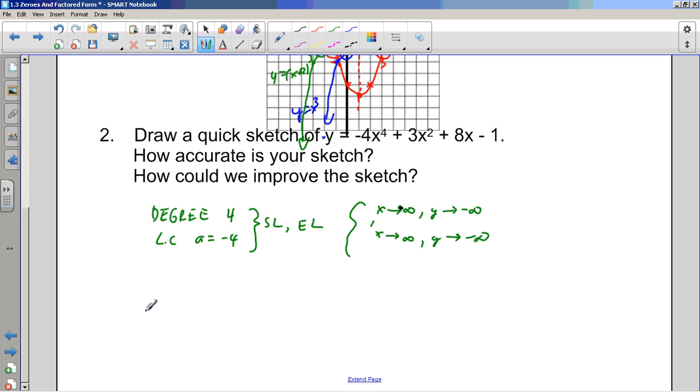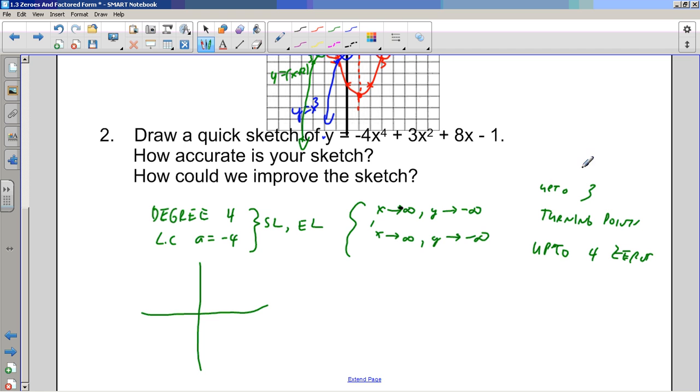What else do we know? Not much. If I were to graph this, I know maybe that it has up to 3 turning points, up to 4 zeros. But do we know any of this for sure? No, not really. Certainly I could get a point real quick. If I put in x equals 0, I get a y coordinate of minus 1, so a y-intercept of minus 1.